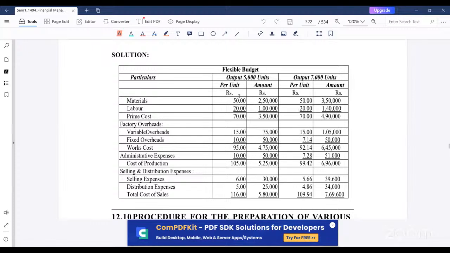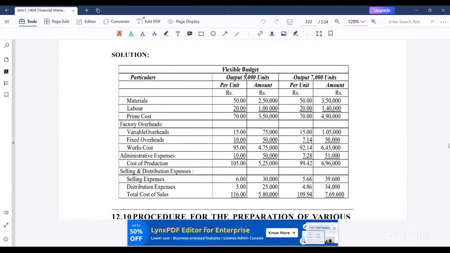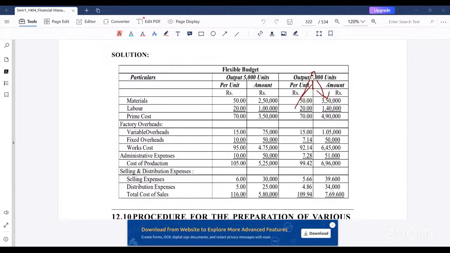Only thing is, 50 into 5,000 units is 2,50,000. 5,000 into 20 rupees is 1 lakh. Similarly, 50 rupees into 7,000 units, you get 3,50,000. Similarly, 20 into 7,000 units is 1,40,000. Like that for all the variable costs.